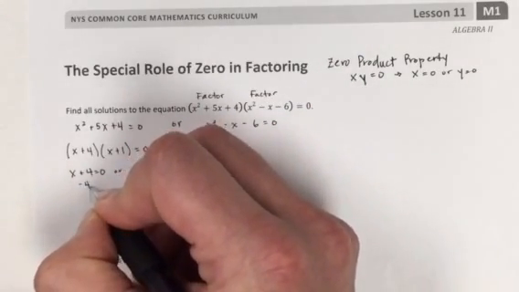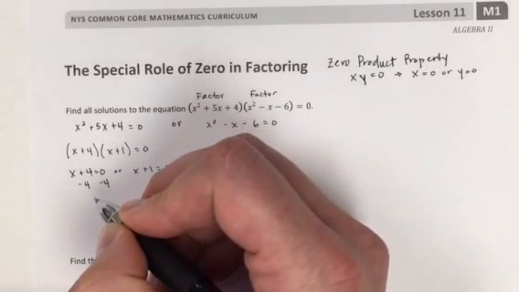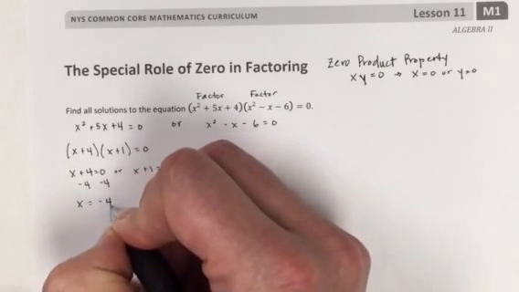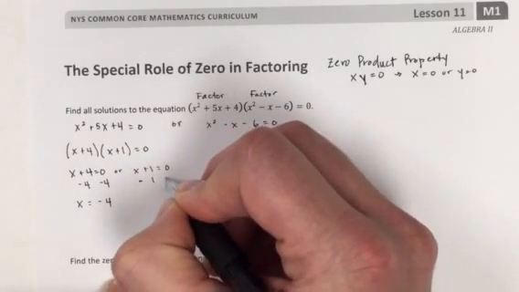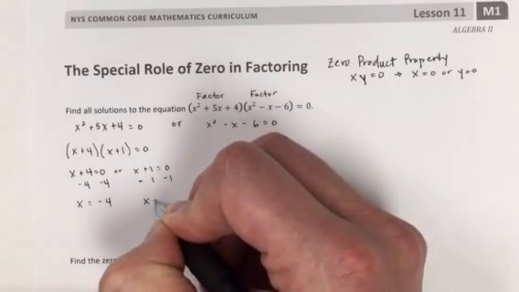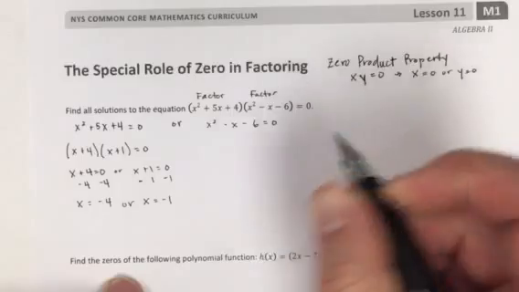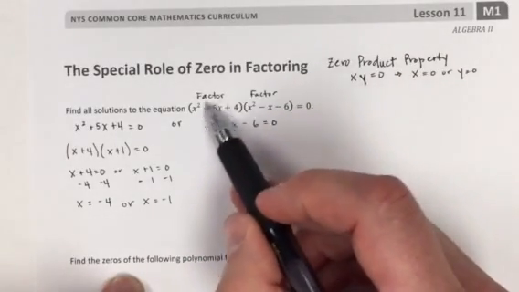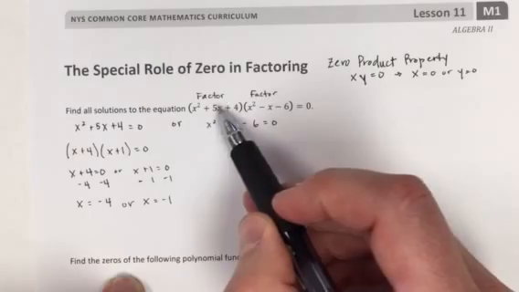And then I subtract 4 from both sides. So x equals negative 4, subtract 1, or x equals negative 1 would cause this whole equation to equal 0, since it's going to make the left-hand expression equal to 0.